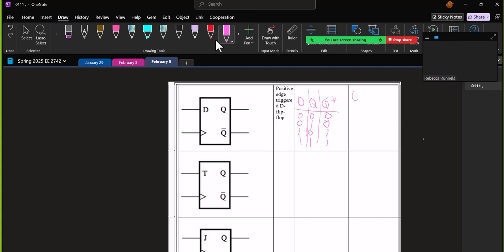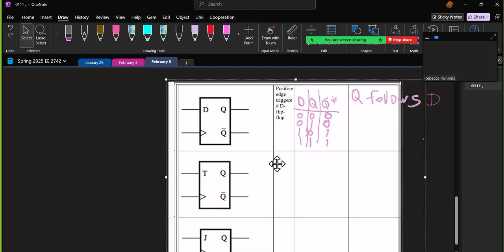And we say that Q follows D. So D is the input, and whatever the input is, that's what the output is. But it happens only on the positive edge of the clock, and we'll see an example of that. So when the clock turns from 0 to 1, the flip-flop looks at what the input is and then becomes whatever that input is.